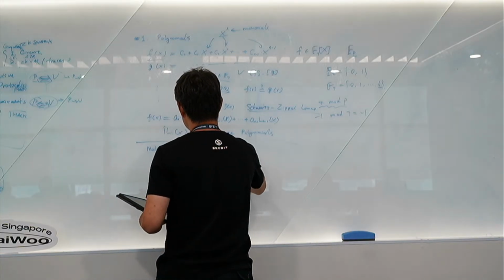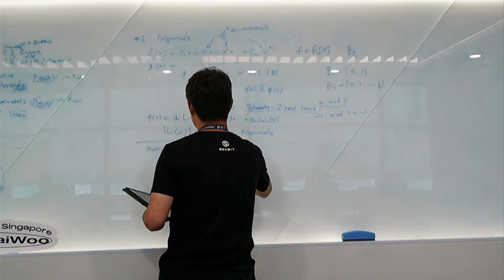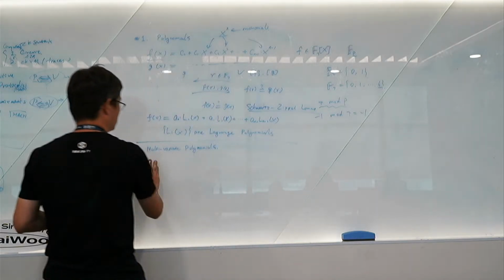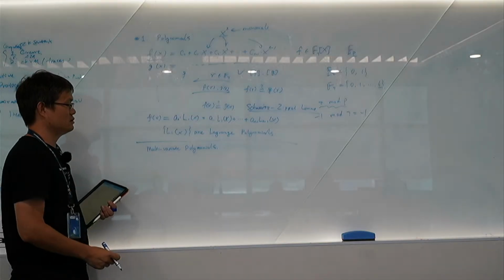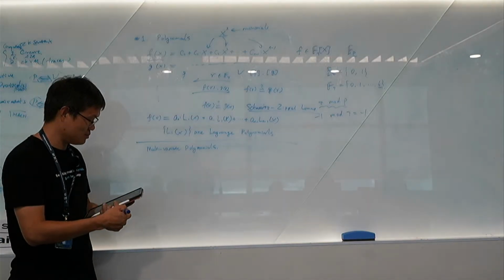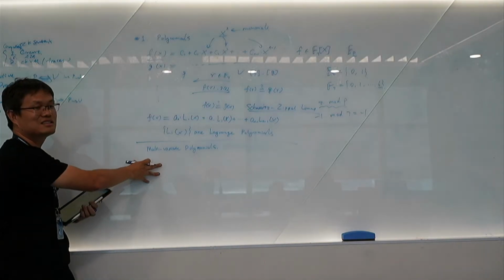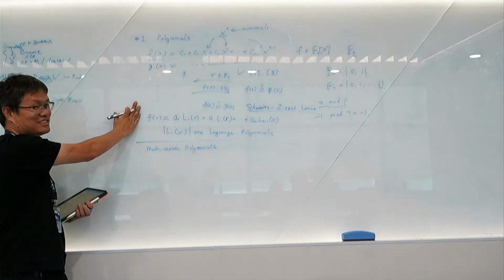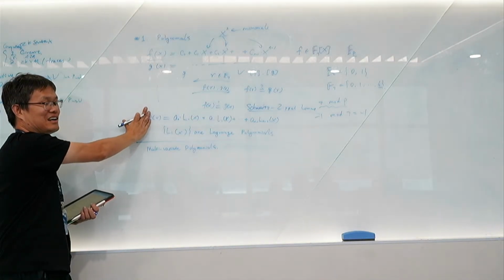Sorry, polynomial. So that's the reason why this part is slightly more difficult to understand than this part, because we learned that in high school.